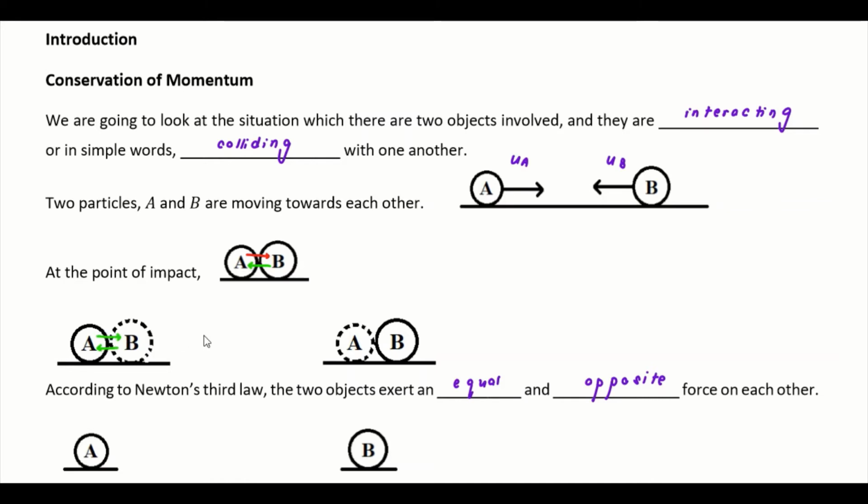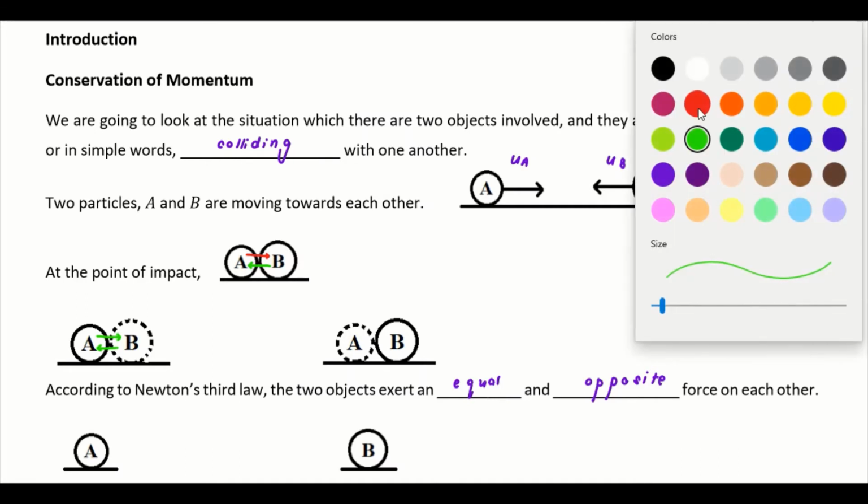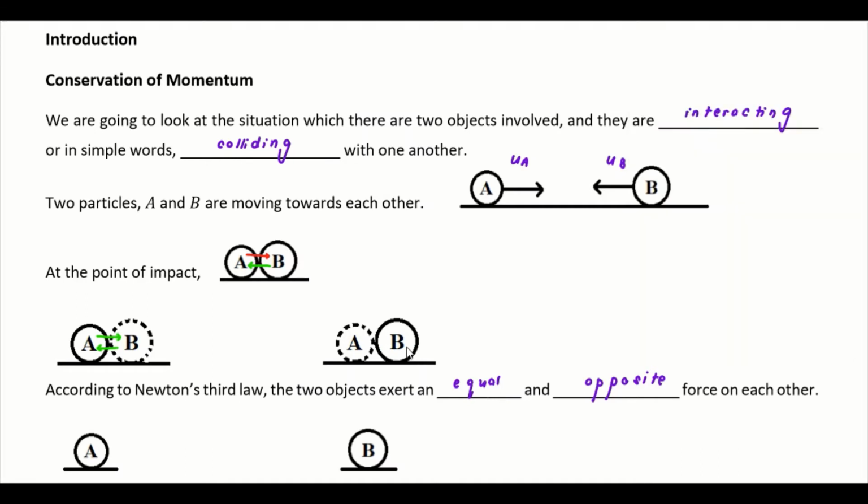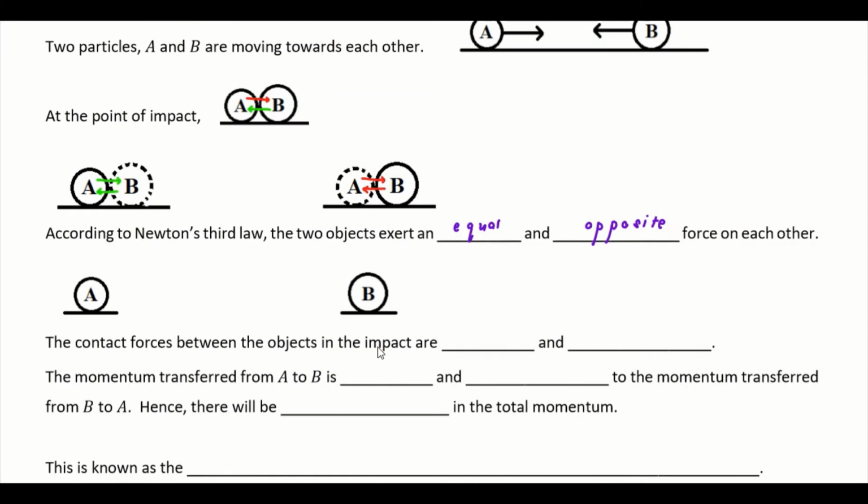That's the green color one. Now the same thing, when we look at particle B, there's a force exerted from A to B from the collision. Then there will be an equal and opposite force that acts on A as well, from Newton's third law of motion.